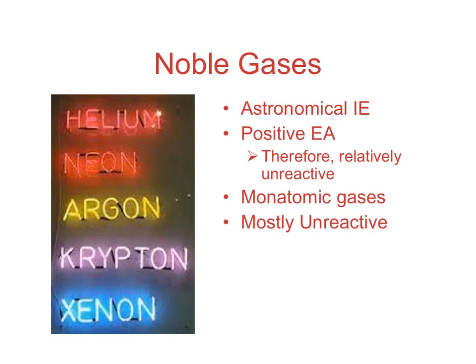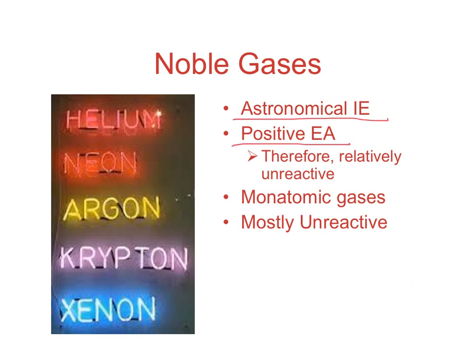And the last group we'll talk about are the noble gases. They have astronomically high ionization energy, which means very, very, very difficult to remove an electron from them. They have a stable octet. They also have a positive electron affinity. Remember, electron affinities are only positive when you have to force that atom to become less stable by taking an electron.